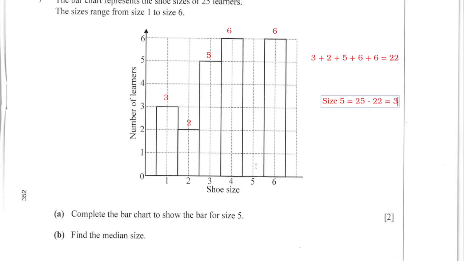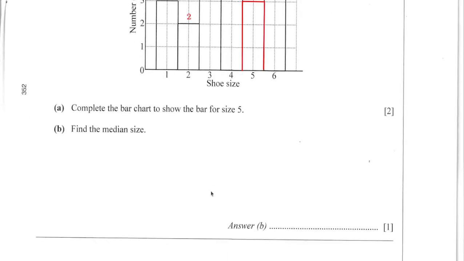So this one must go up to 3, that's 1, 2, 3. So the bar should end here, like that. That's the bar that was missing there. And then all we need is just taking the marks here. Take these 2 marks as they are.